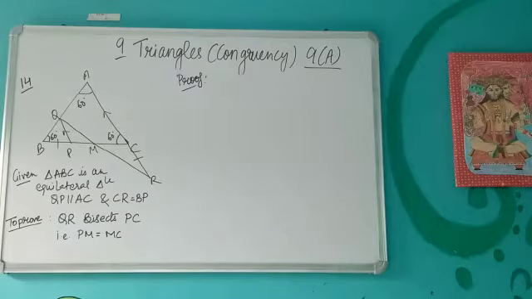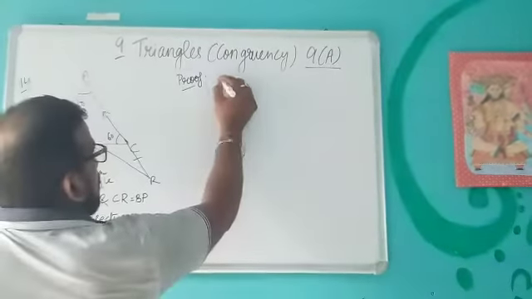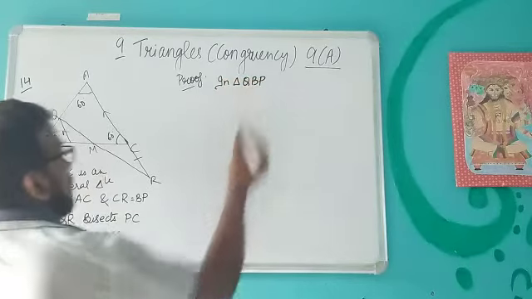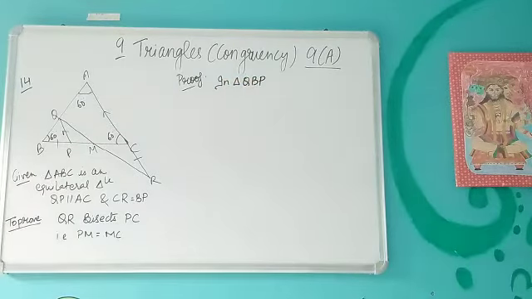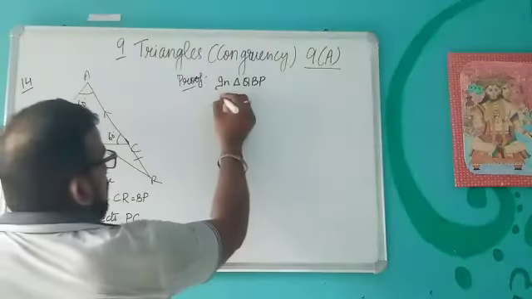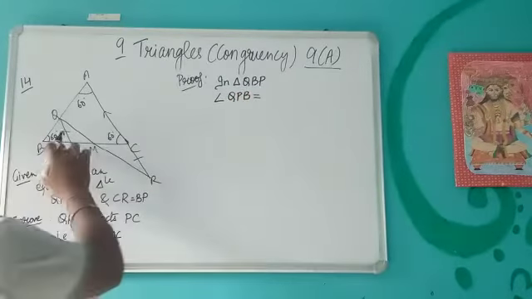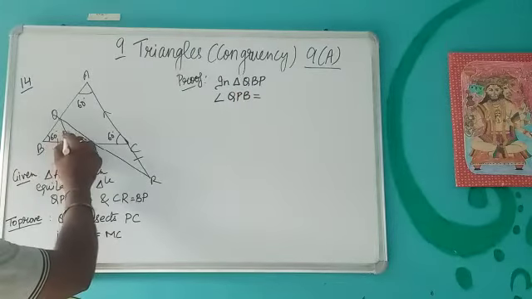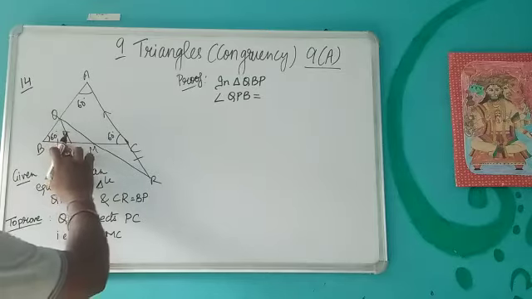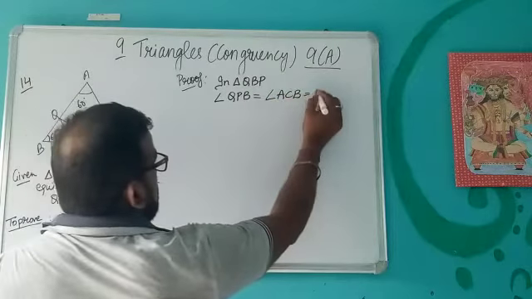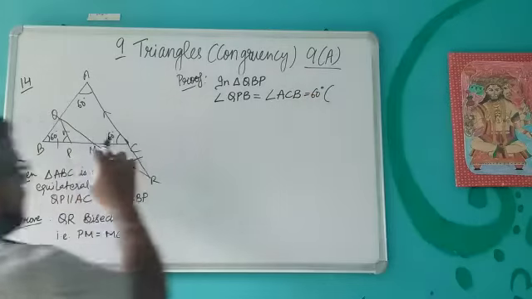So what we will do first, if you see very carefully, in triangle QBP, I am taking a triangle QBP, one angle is already 60 degrees. So if you see angle QPB, this angle will be equal to angle ACB, and see which type of angle they are forming.